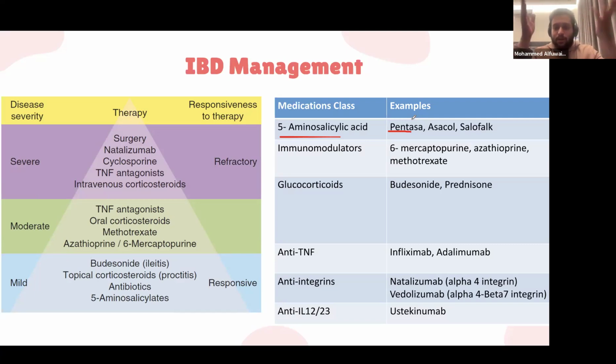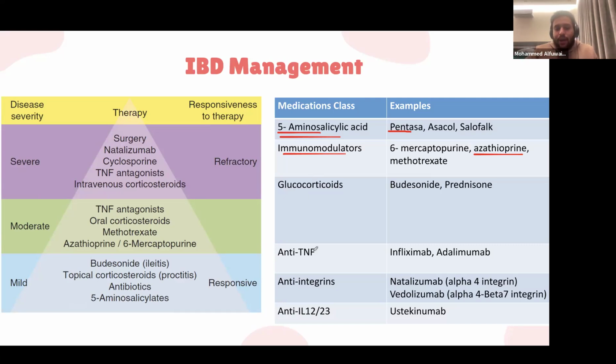So what we do is we start them on steroids to induce, and we also give them azathioprine, which is an immunomodulator. Slowly, we decrease the dose of steroids, and the key term here is slowly. We slowly taper it. We don't abruptly stop. We slowly taper steroids and increase azathioprine while we're still giving 5-aminosalicylic acid. This is the only thing you need to know for therapy for IBD.